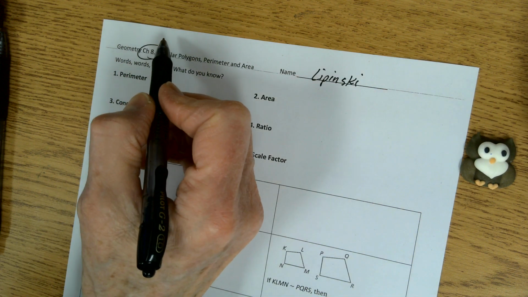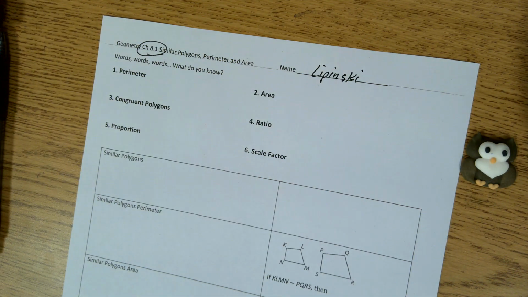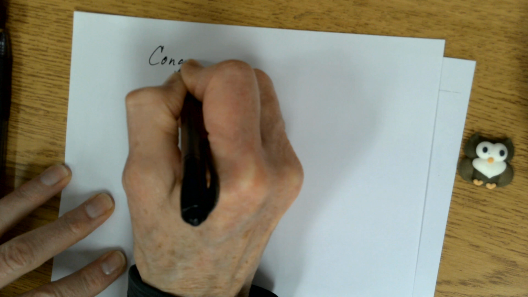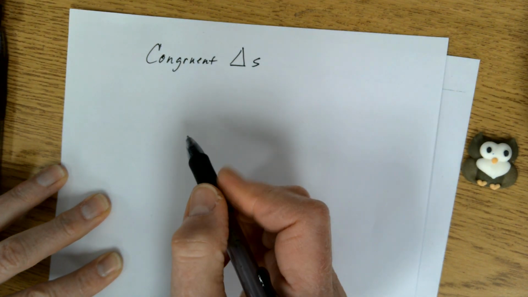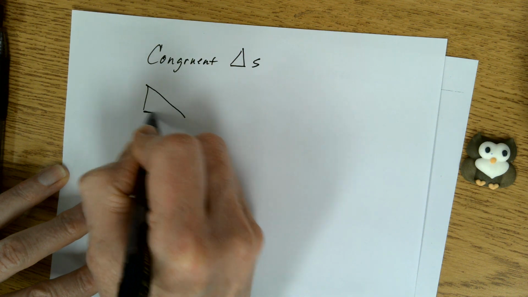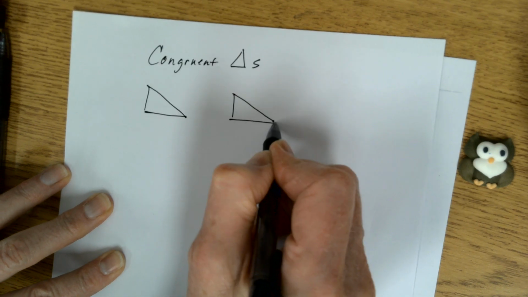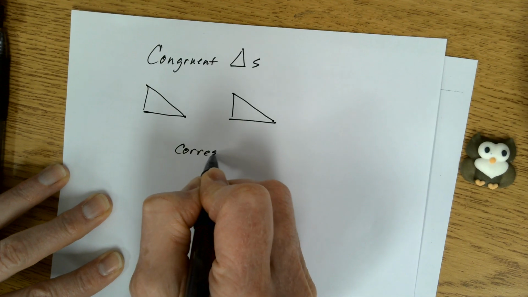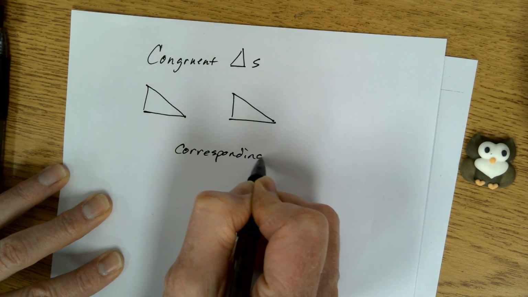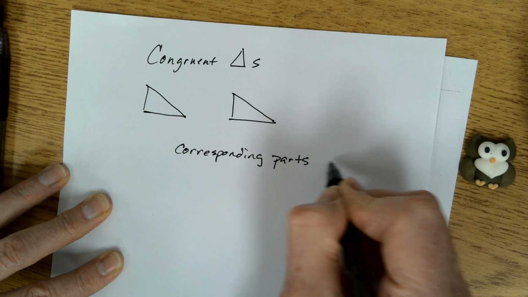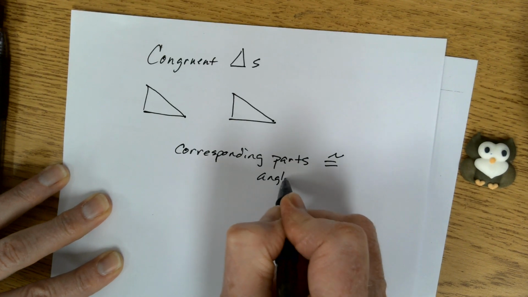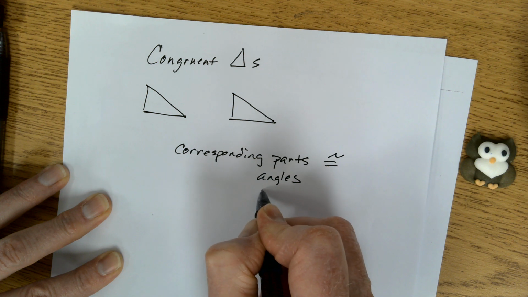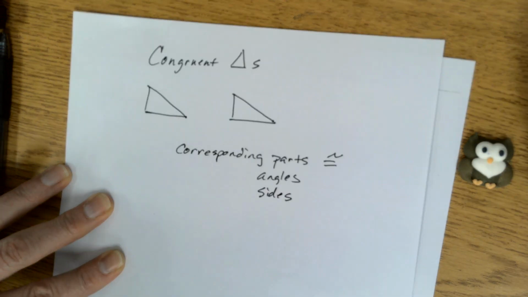I want you to go back and remember when we talked about congruent polygons, and I'm going to stick to triangles just to keep it simple. If two triangles were congruent, that meant the corresponding parts were congruent. And when we say parts, we're talking about angles and the sides, okay?